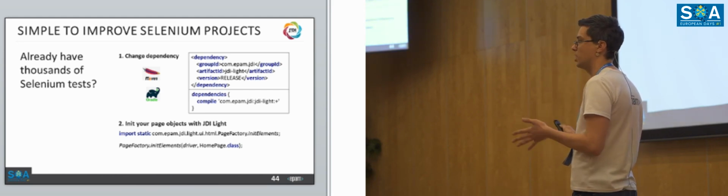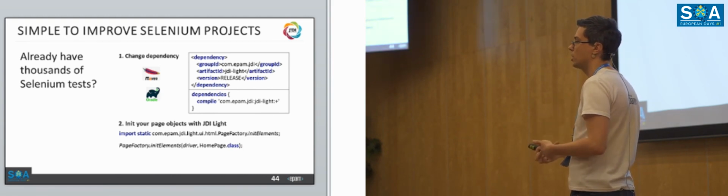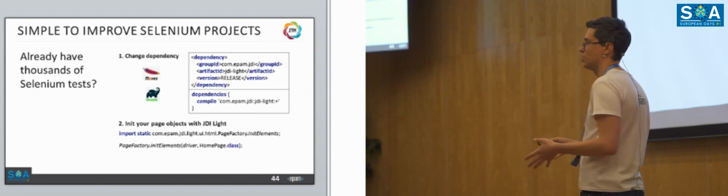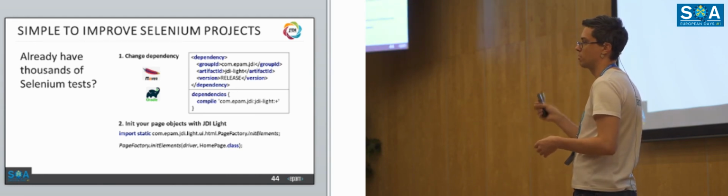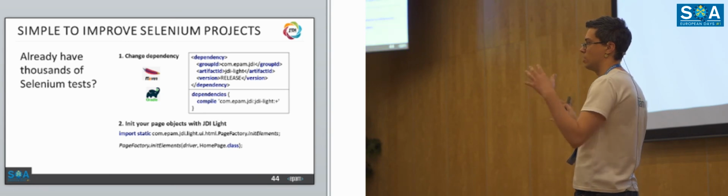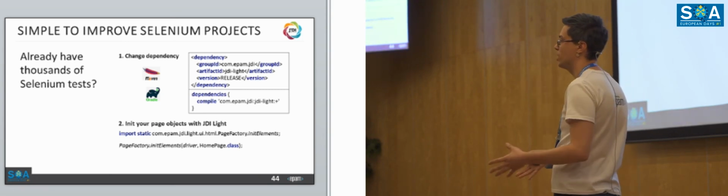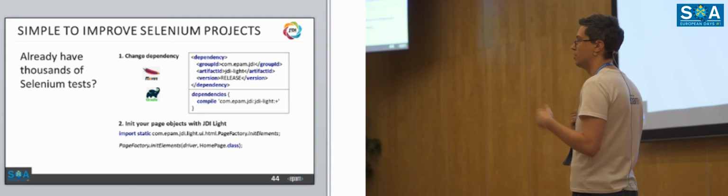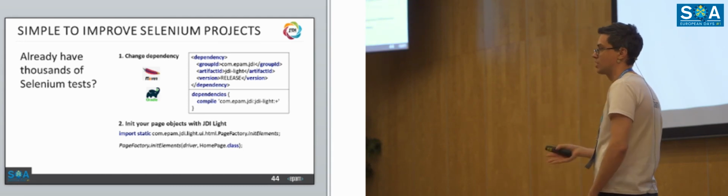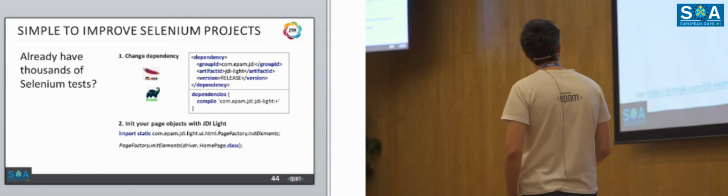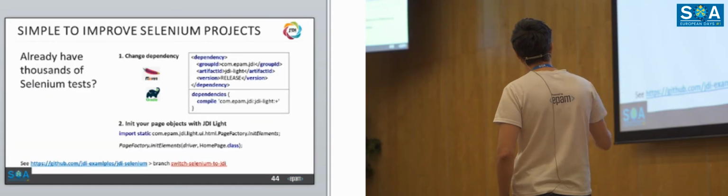You still have all the Selenium code, but it gets the additional capabilities of JDI. It gets the logs, it gets the stabilization mechanism, and you can step by step improve your page objects, just replacing web elements with typified elements, reducing code for forms, tables, and so on. So Selenium-based code also works on JDI, and you can increase its capabilities with JDI step by step. This is an example of how to do it.